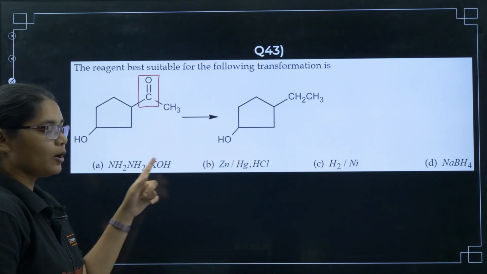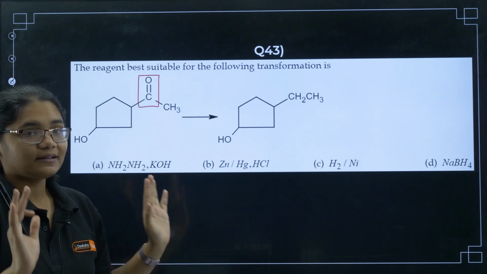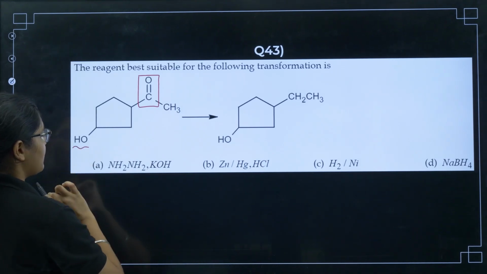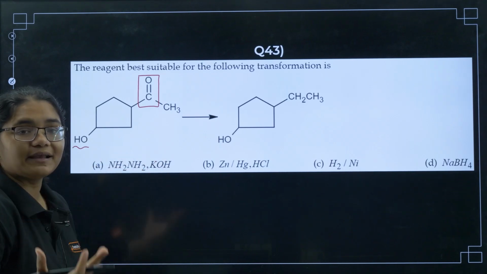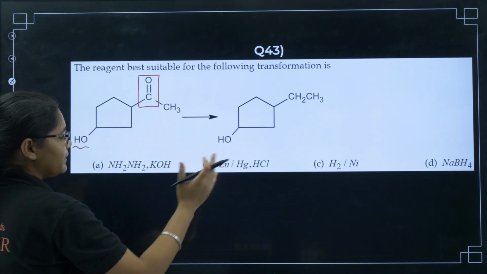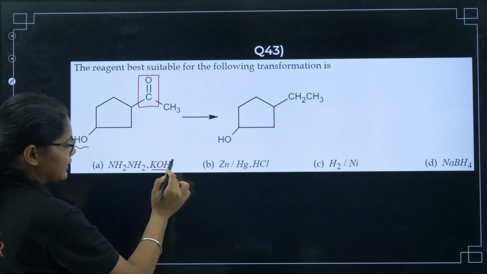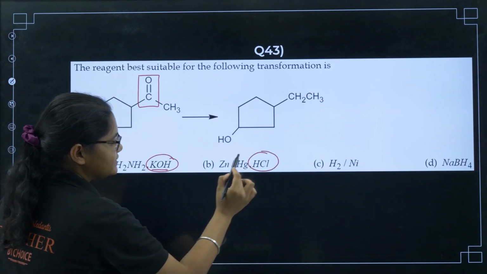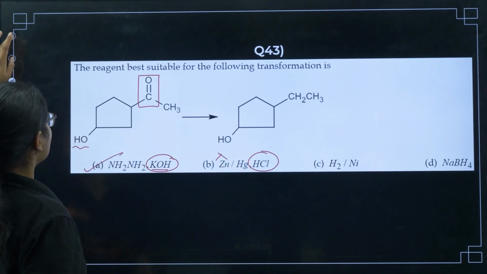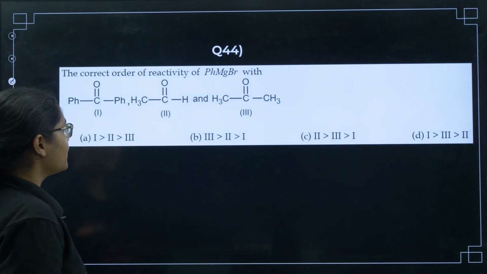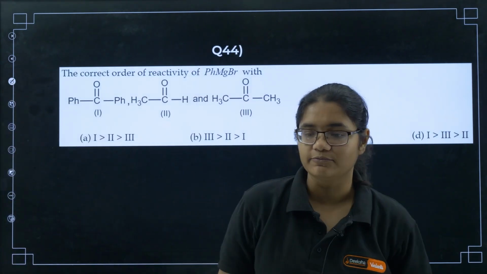And you can see both the options are there. Then which is correct? In this case, you have to see that this compound has alcohols, which are acidic in nature. So the medium should be basic in nature. Okay, so we should have a base in the medium. So that is why here KOH is the basic medium, HCl is the acidic medium, so I will have option number A here.